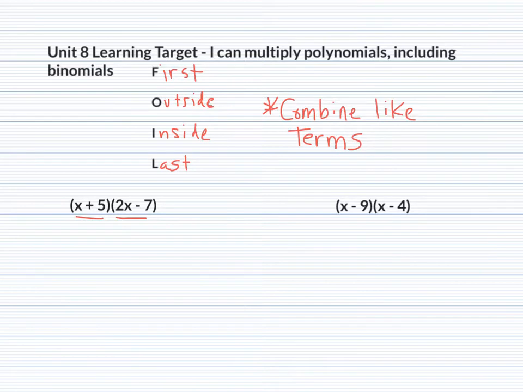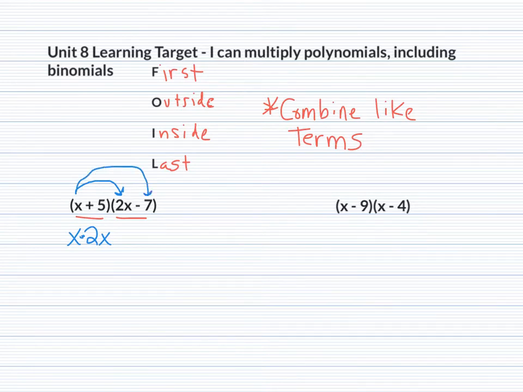All right, so as we look at this problem, we are going to do the first times the first. First times first. So I'm going to write that down. I'm just going to write x times 2x. Okay, first, now the outsides, x times -7.